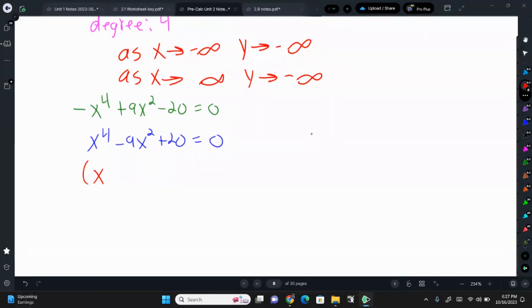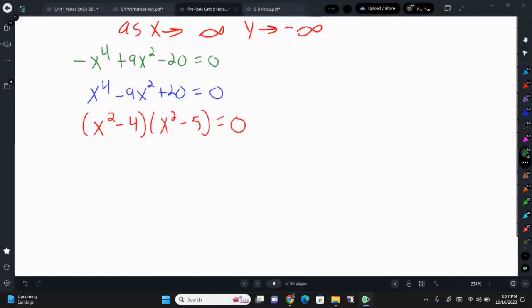Well, that's x squared minus 4, x squared minus 5 equals 0. Because we have a fourth power, a second power, and then no power. It's that quadratic form. We can factor this further to x minus 2 times x plus 2. And then we have x squared minus 5 equals 0.